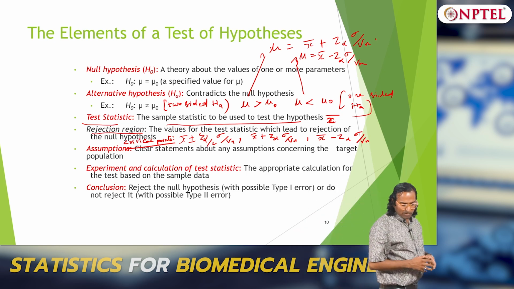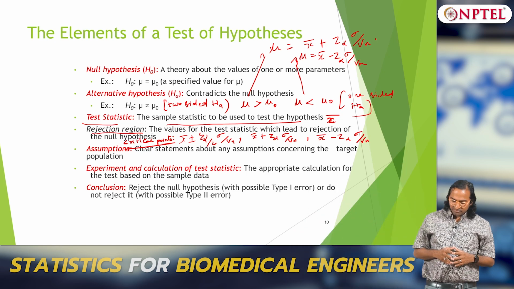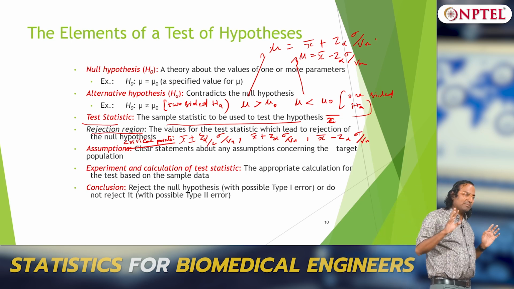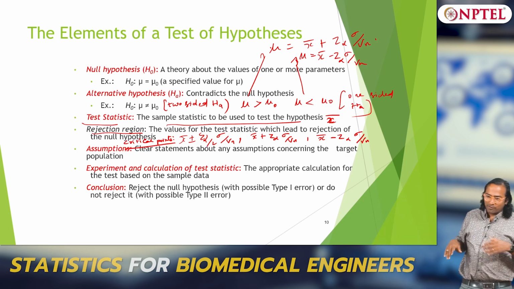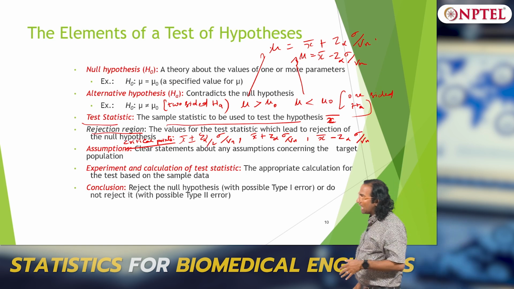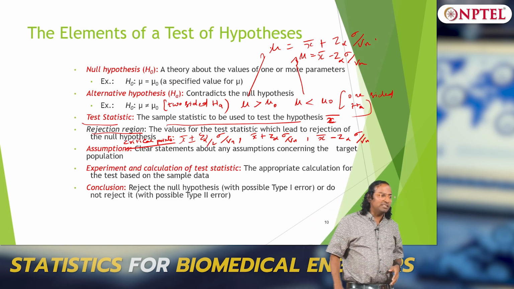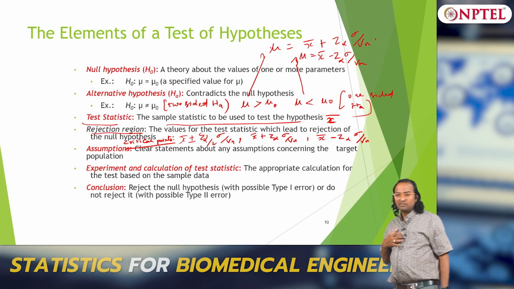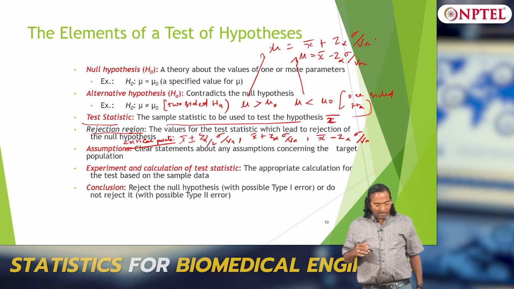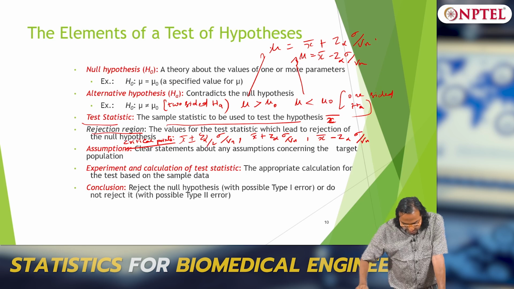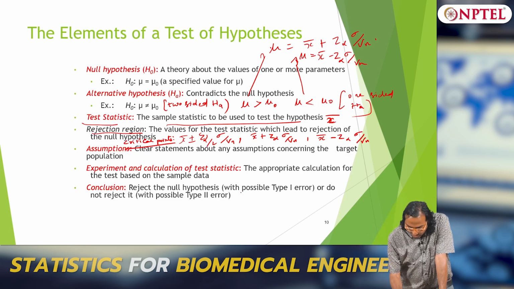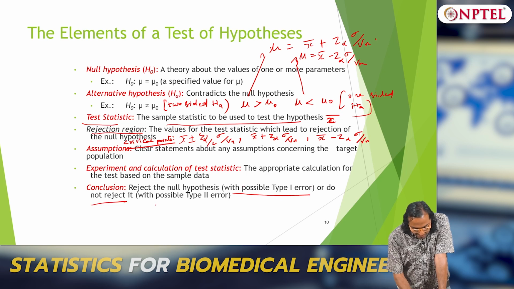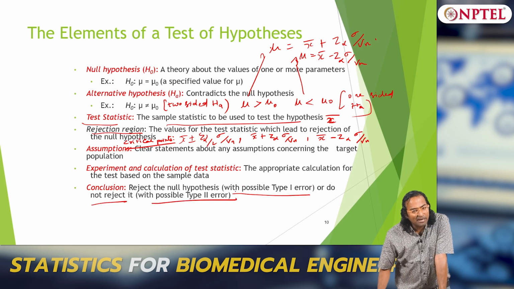And what are the assumptions? Central limit theorem. That is an inherent assumption you are making, okay. Apart from whatever assumptions you make during sampling etc., the inherent assumption is the central limit theorem, clear. And the conclusion is: reject the null hypothesis with possible type 1 error, or do not reject it with possible type 2 error.